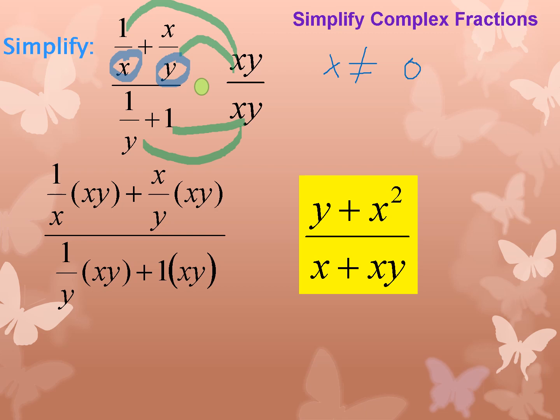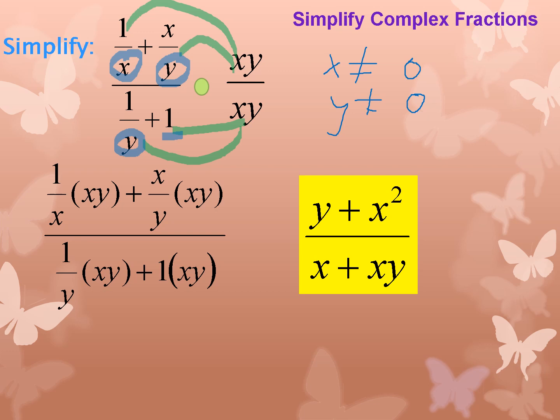Well, y can't be 0 there either, because remember, we don't want our denominators to go to 0. If we look at this denominator, we also have y can't equal 0, so we're covered there. This one has a denominator of 1, but we don't have to worry about it. So we're good there.